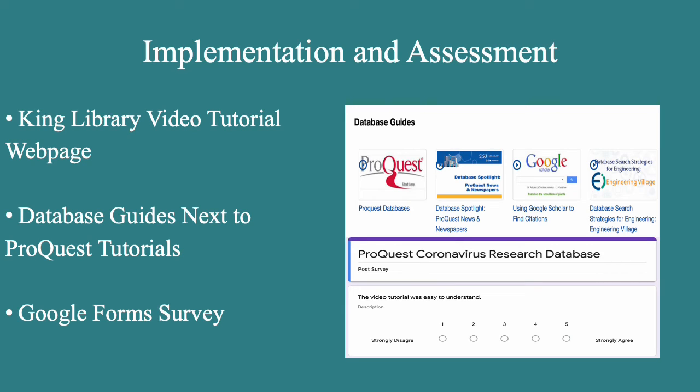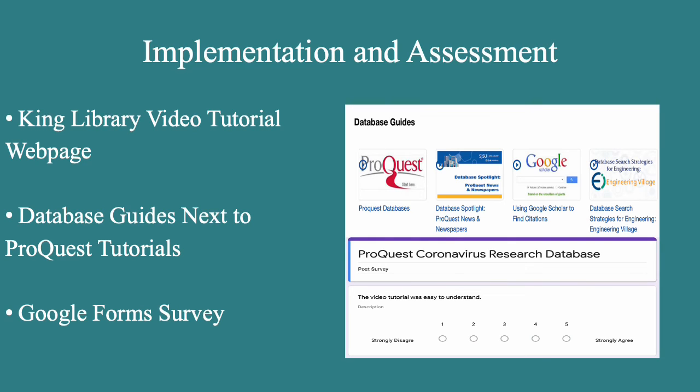The King Library website currently has a page featuring online video tutorials under the Research Support tab in the menu to increase information literacy, whether it's how to use the library, research help, database guides, and writing, etc. After getting feedback and making changes to my tutorial, I will ask the King Library whether they will consider adding it to the database guides section right next to the other video tutorials called ProQuest Databases and Database Spotlight, ProQuest News, and Newspapers.